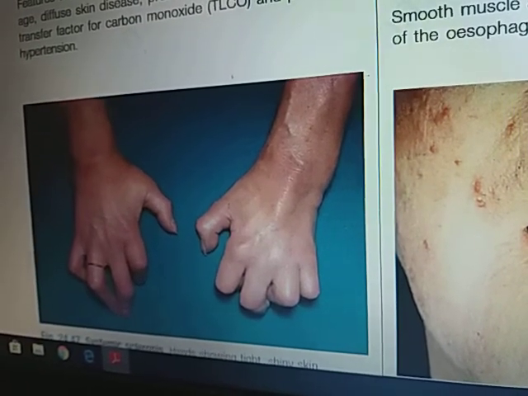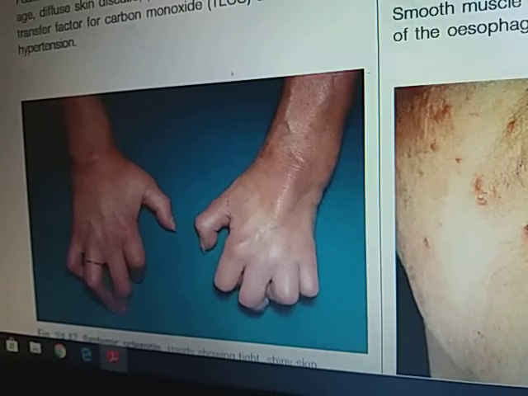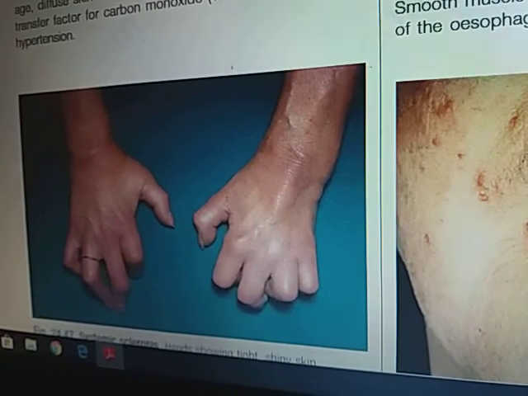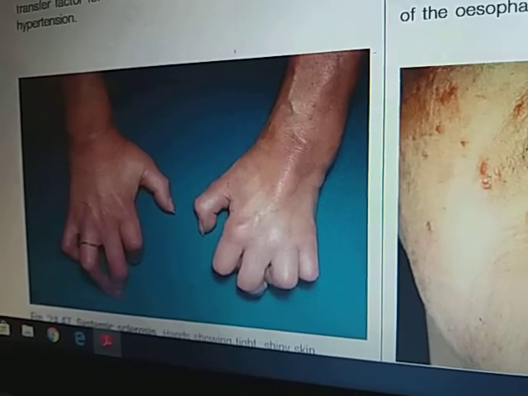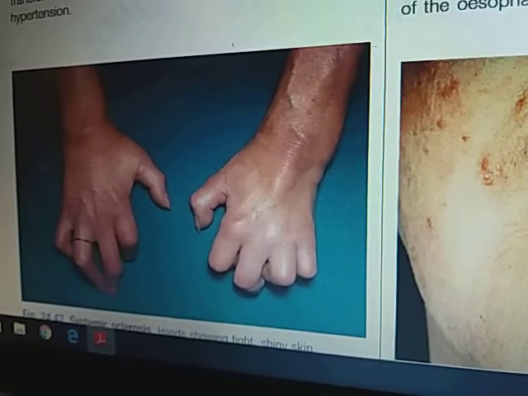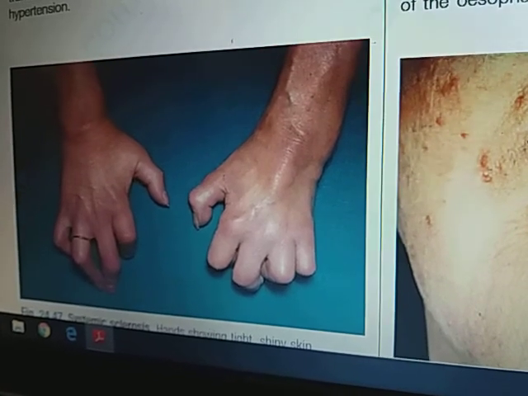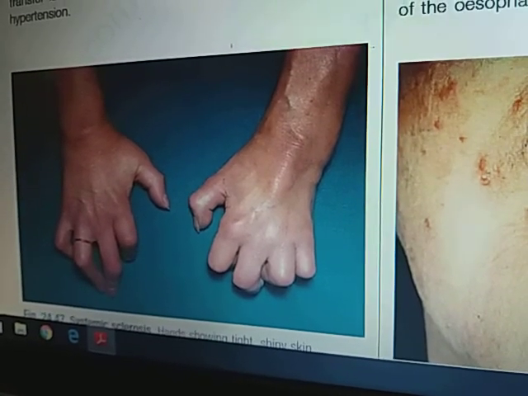GI tract involvement: esophagitis, stomach and small intestinal involvement, with prominent atrophy and fibrosis of smooth muscles.